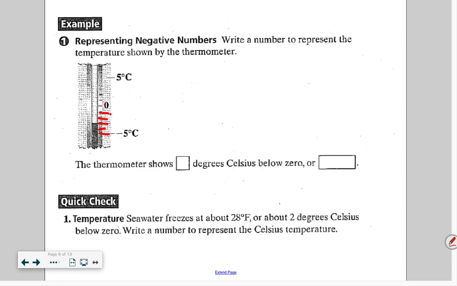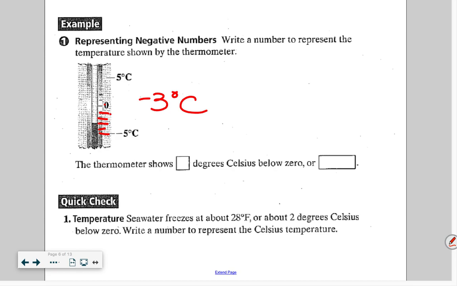We've gone -1, -2, -3 degrees Celsius. When you record temperature, make sure that the degree sign is super tiny, because it would be easily confused with a -30.